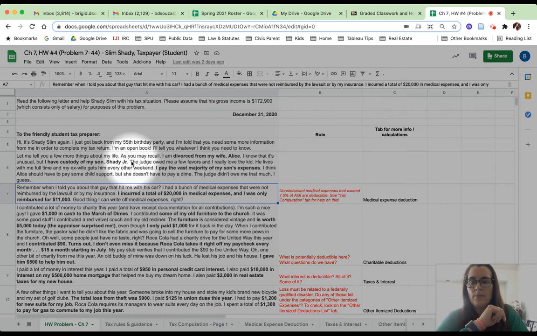That's all in column A. In column B, I've provided some guidance around the rule, and this is really the teaching part, what you're learning in terms of itemized deductions. Then in column C, I've provided guidance as to which tab to go to for more detail to help you break down the logic for that particular fact.